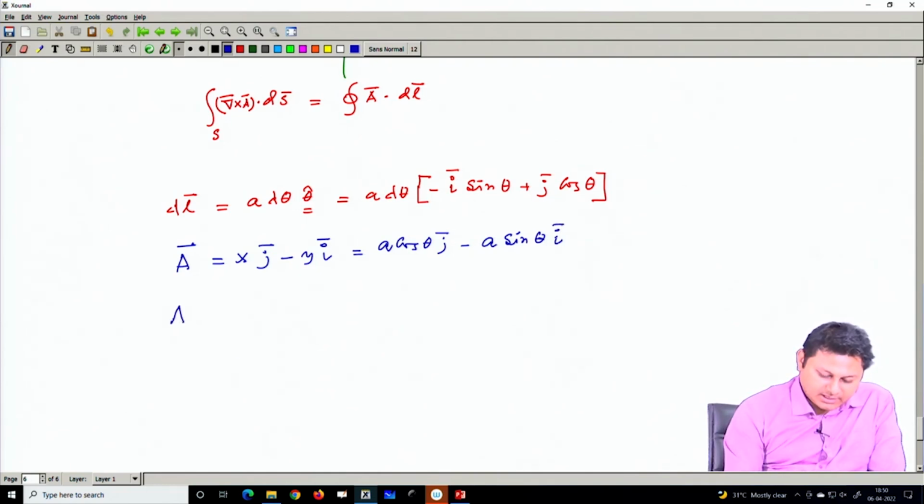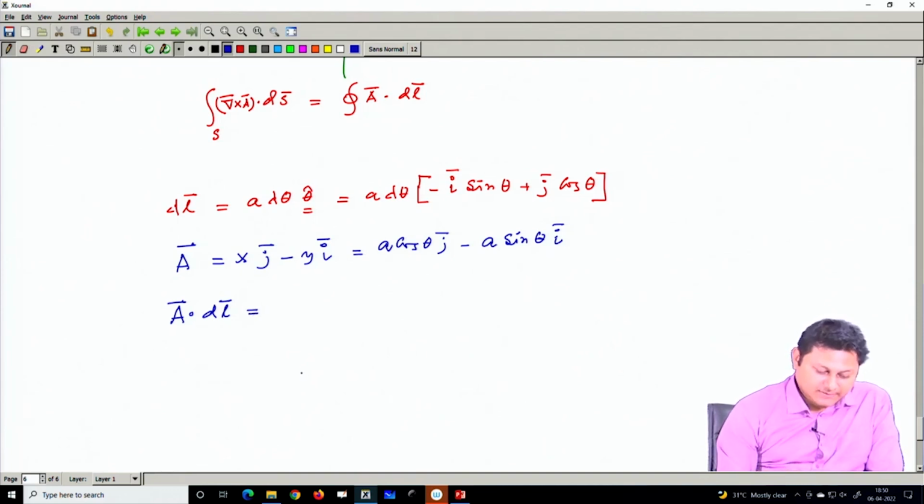Now, A dot dl, if I calculate, I write A in terms of theta, and also this vector in Cartesian coordinates. So, A dot dl is a d theta times this quantity dotted with this quantity.